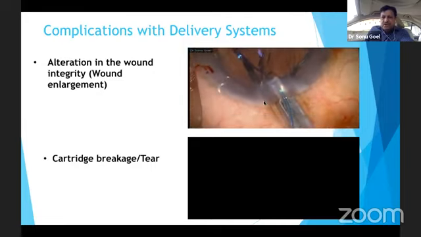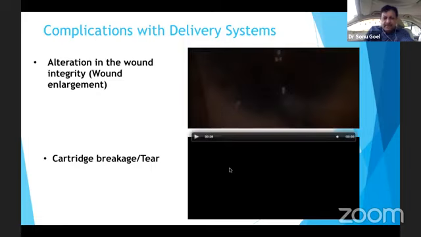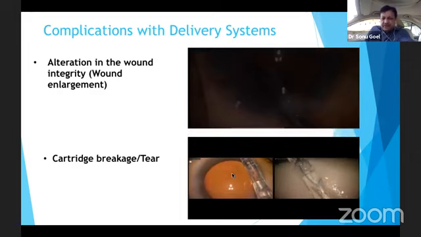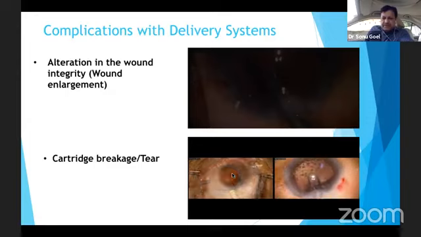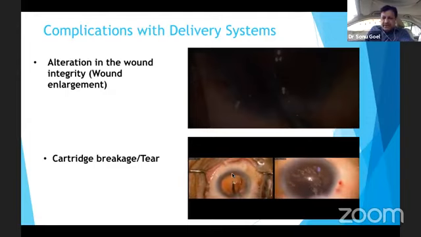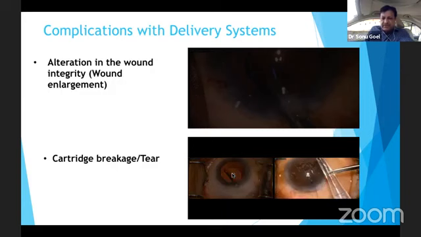This is what I want to avoid as a surgeon. Moreover, once I take this inside, watch carefully. At extremes of power, as I was talking, with a plus 30 diopter lens, the cartridge gets ripped off and the lens gets torn on the extreme right.